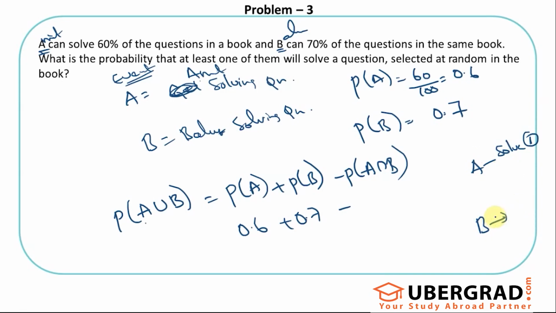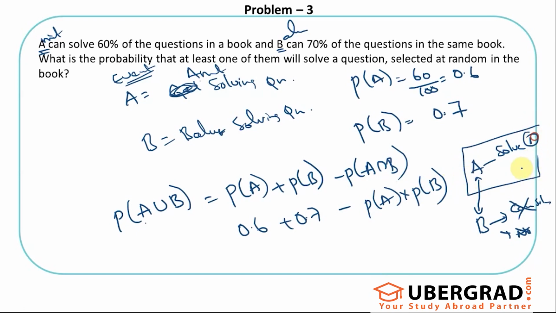Would that say anything to me that yes, Balu can also solve, or maybe no, he cannot solve? No, right? I cannot comment on that, because Amit's ability is his own ability and Balu's ability is his own ability. These are two independent things. That's the reason P of A intersection B is simply calculated as P of A into P of B. The chance of Balu solving this question has no impact on Amit's chance of solving a similar question.